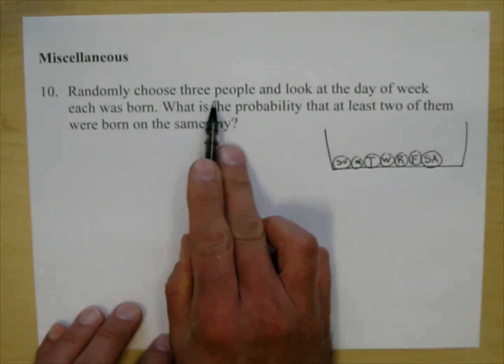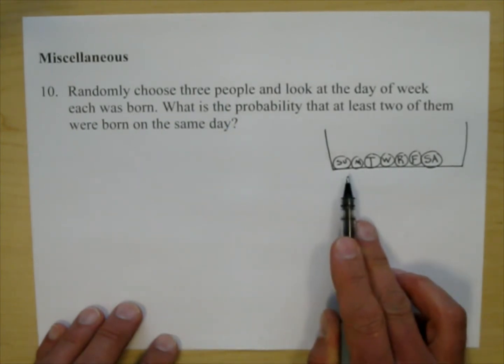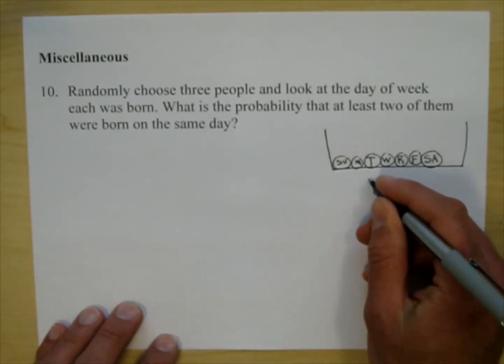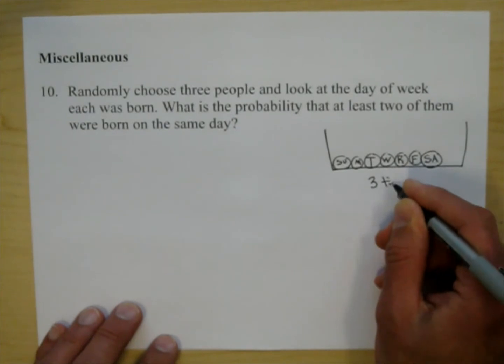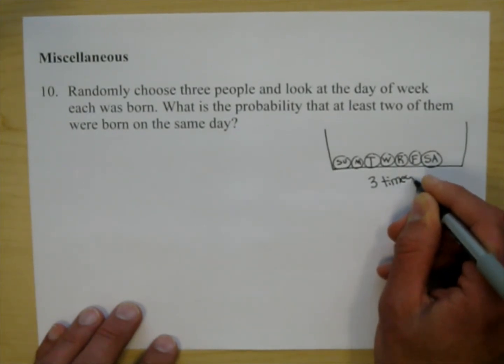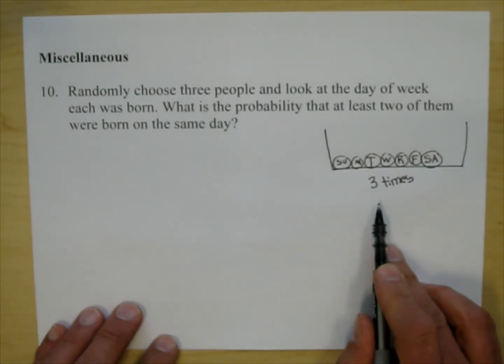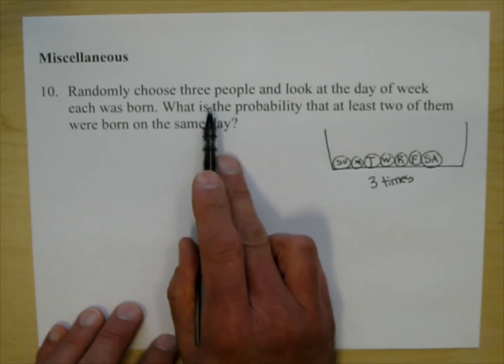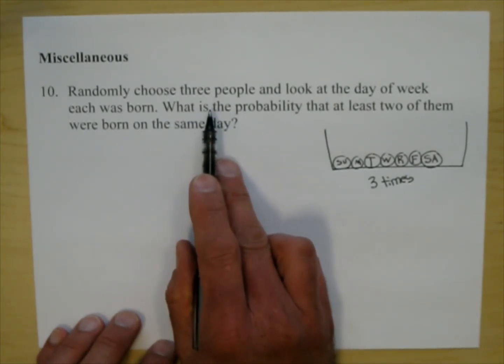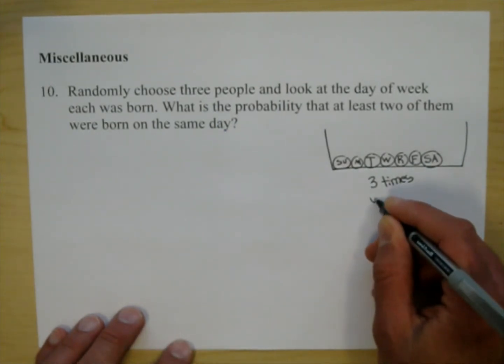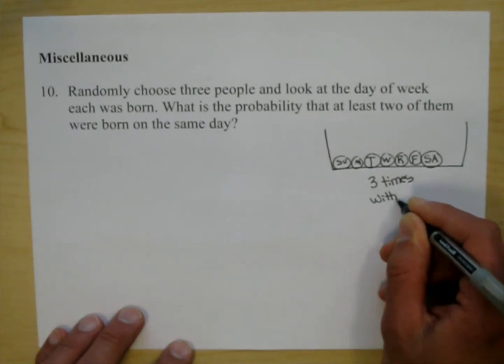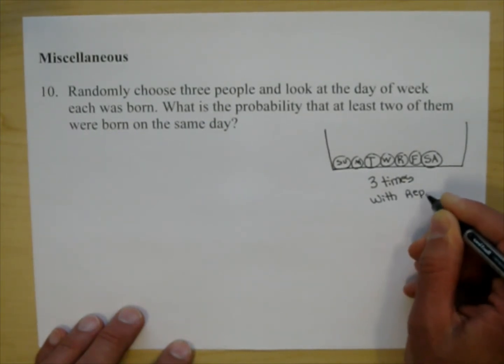Since I'm choosing 3 people, I'm selecting from this box 3 times. Is it with or without replacement? Could 2 of these 3 people have the same day of the week that they were born on? Yes, they can. So this is with replacement.